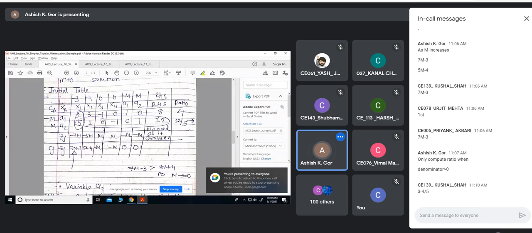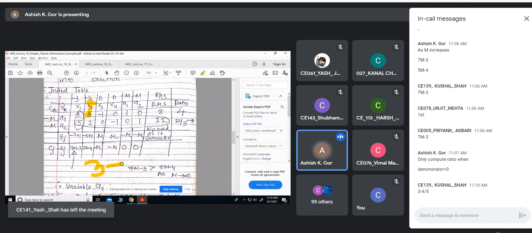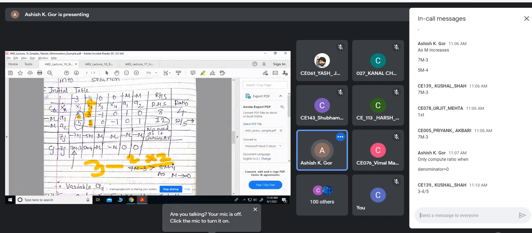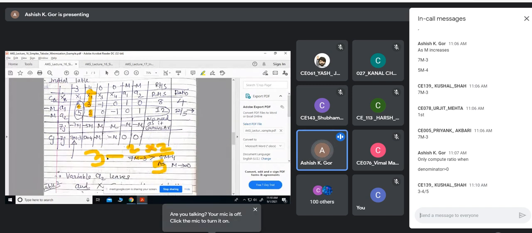Yes, very correct. For this 3, the new value will be the old value, 3, minus, recall the formula, this 2 in the key row, this 2 in the key column, 2 into 2 divided by pivot, that is 3 minus 4 by 5.